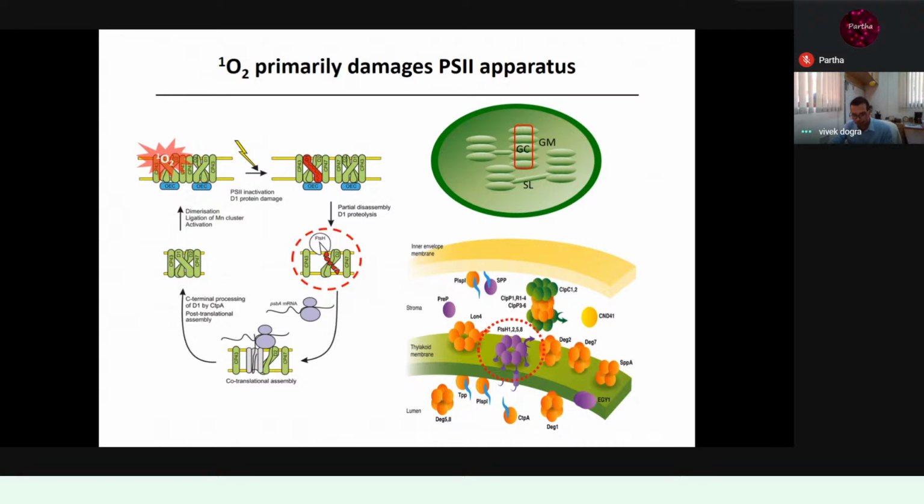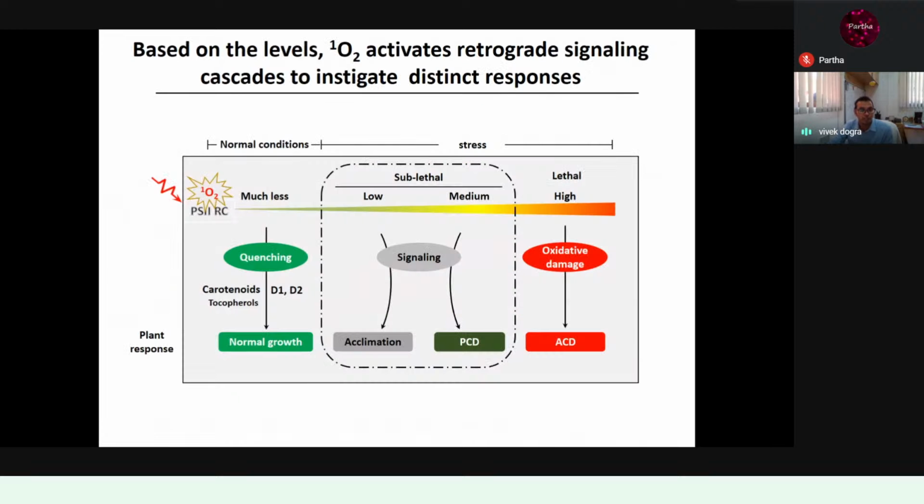They make heterocomplexes here. So based on the levels of this singlet oxygen, they can have different fates. If under normal conditions the singlet oxygen is accumulated, it will be quenched, and the plant will have no problem, and it will grow normally.